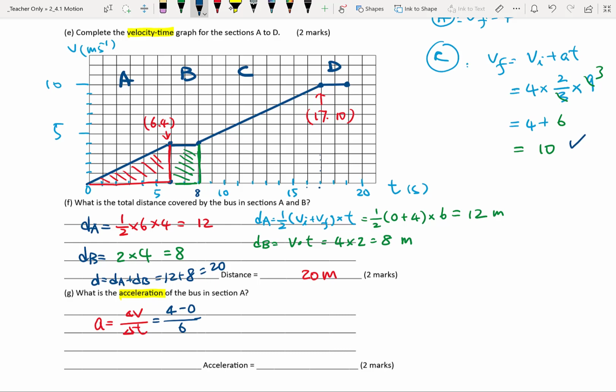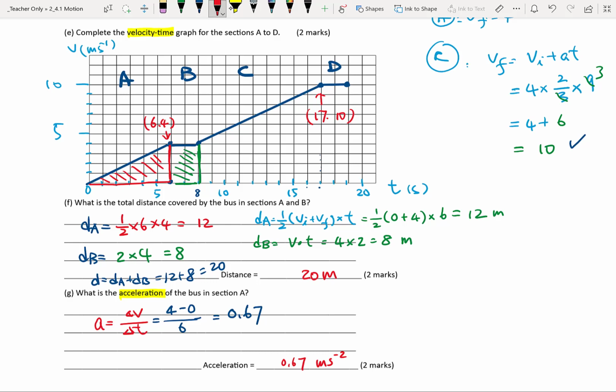Time is 6 seconds, so it's 4 divided by 6, that will be 0.66666. Okay, I'll round it to 0.67. So the answer is 0.67 meters per second squared.